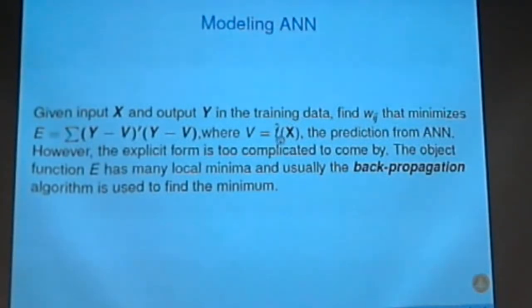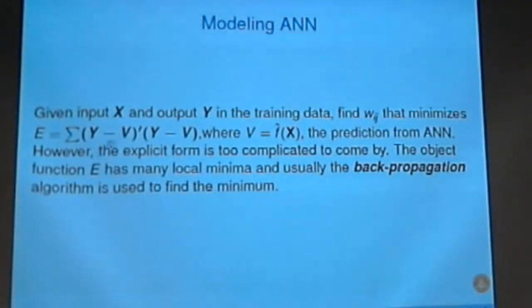V is the output after the information is processed and goes through to the output, and Y is what you observe. You see the discrepancy between what you observe and the predicted result. The idea is to reduce this discrepancy between observed and predicted results.